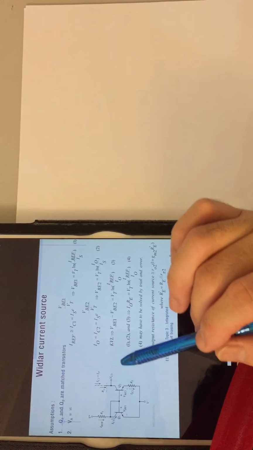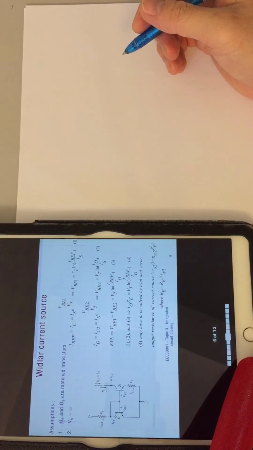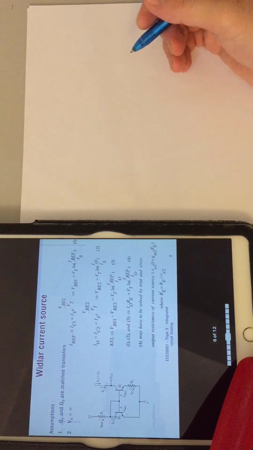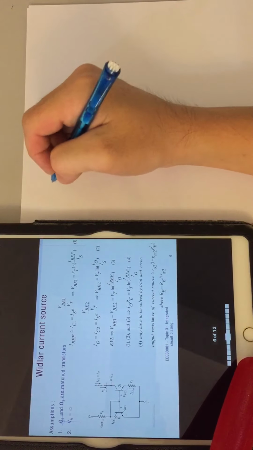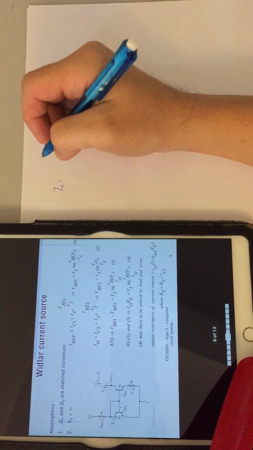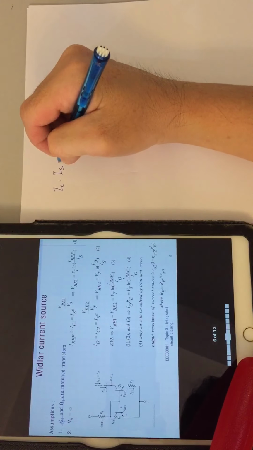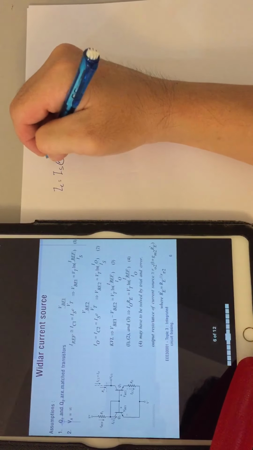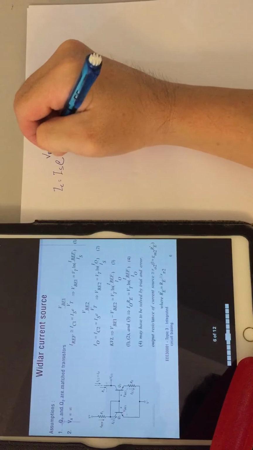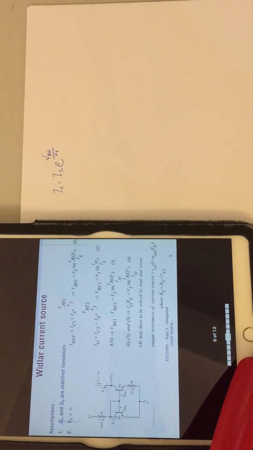So in this case, we have to refer to the DC characteristic equation for the BJT, which is IC for the BJT equals IS, the saturation current, multiplied by exponential to the power of VBE over VT.